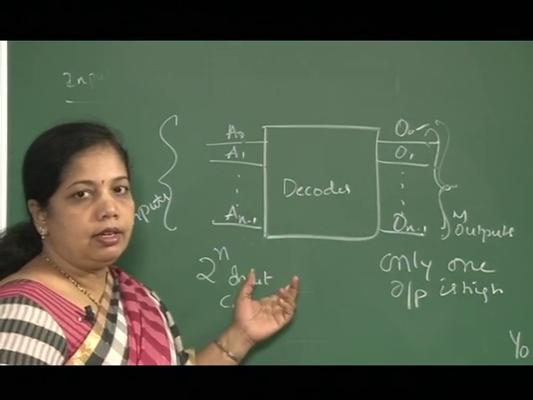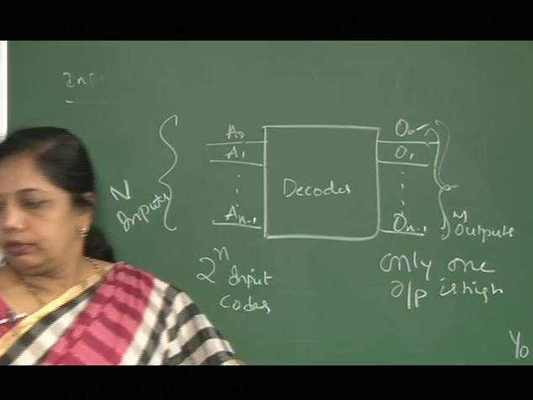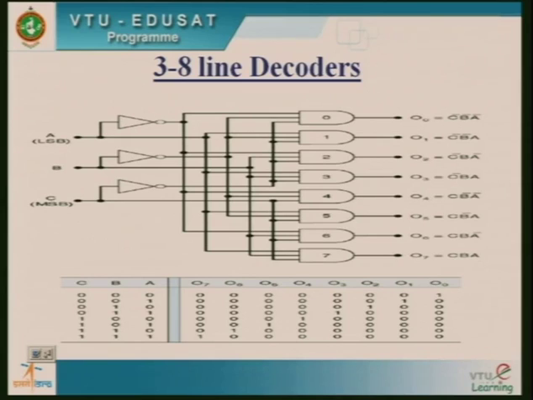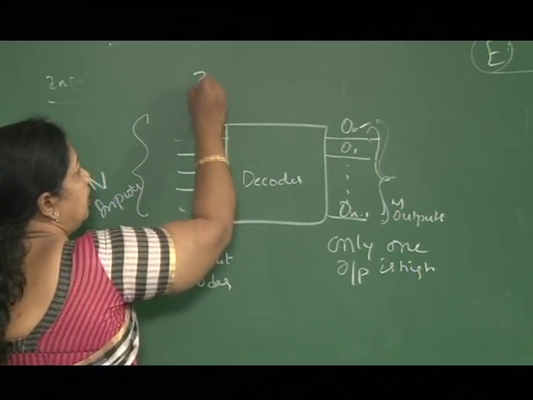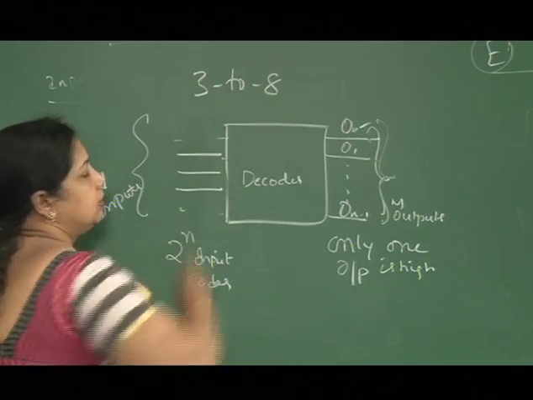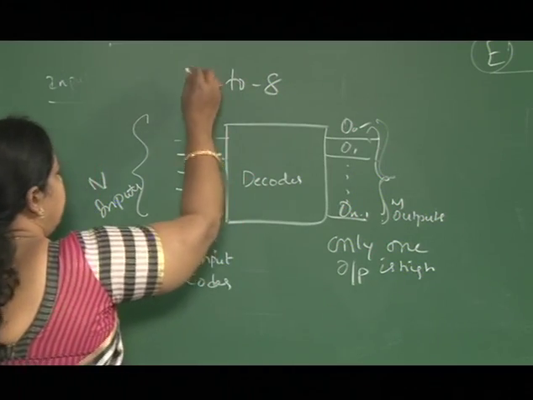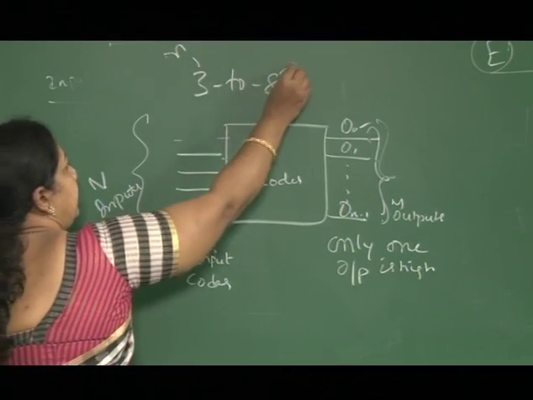So how exactly? Let us discuss the truth table of this. I am taking an example of a 3:8 decoder, a 3 to 8 line decoder, where we have n inputs and m outputs.